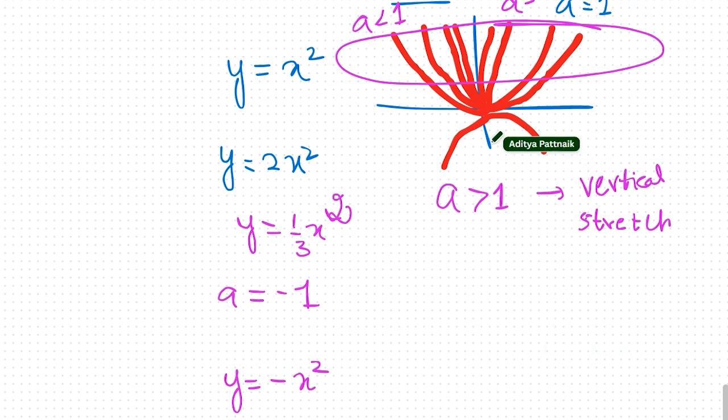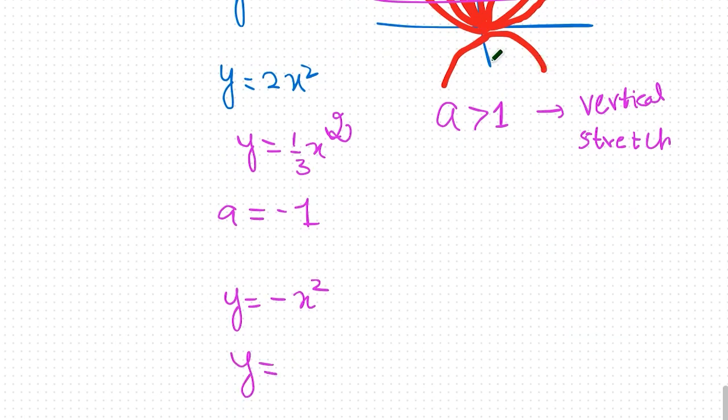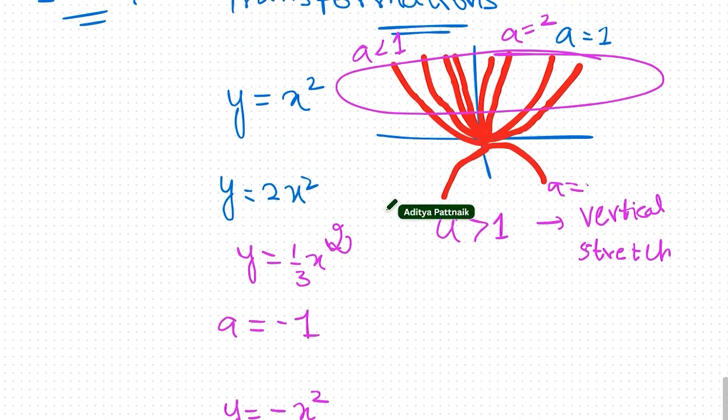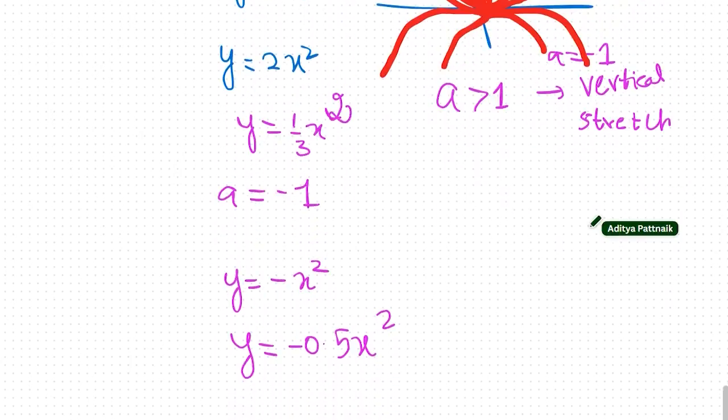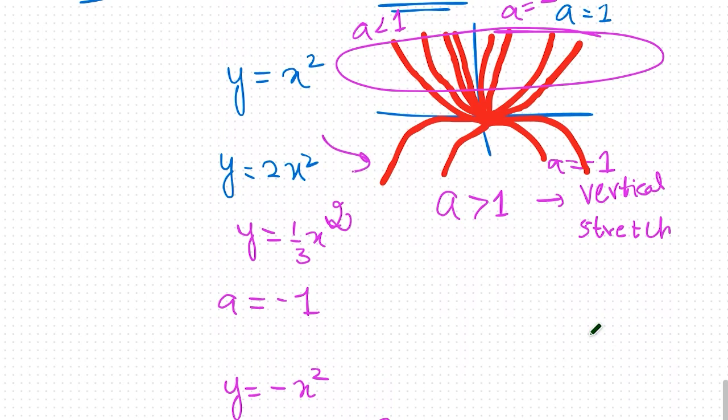And what if y is equal to negative 0.5 x squared? It's symmetric to y is equal to 0.5 x squared. So in the bottom, the graph gets wider when a is between negative 1 and 0.